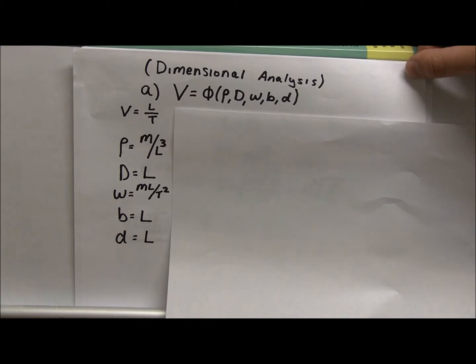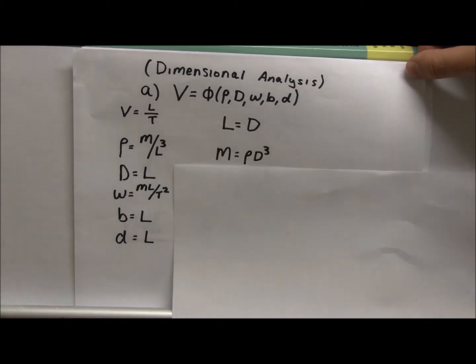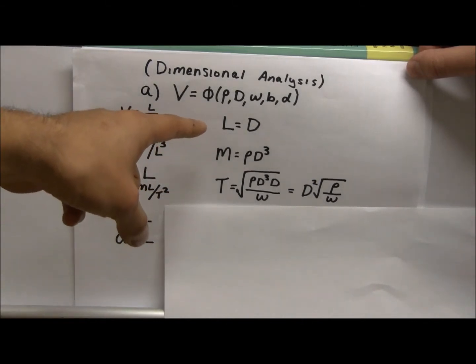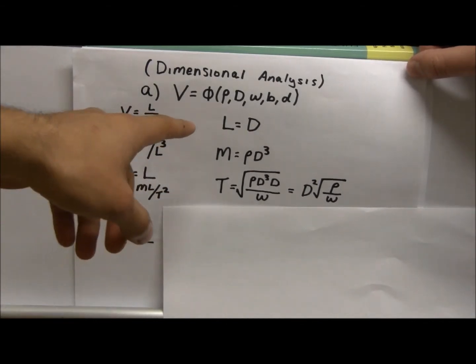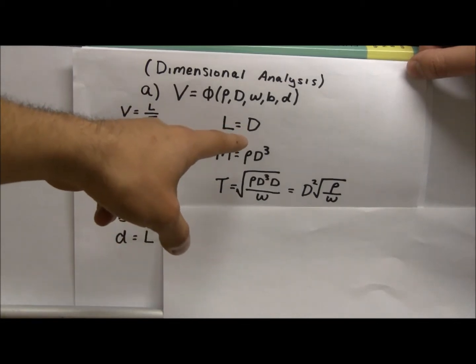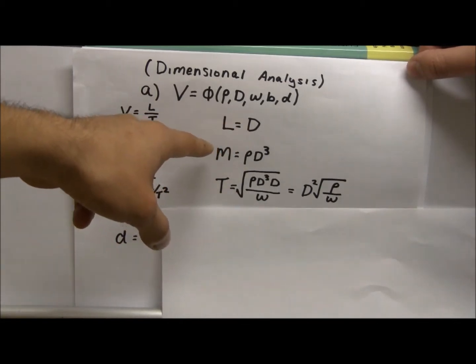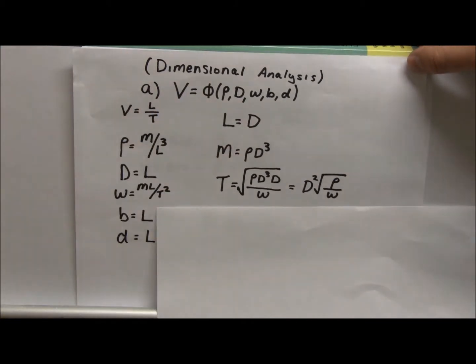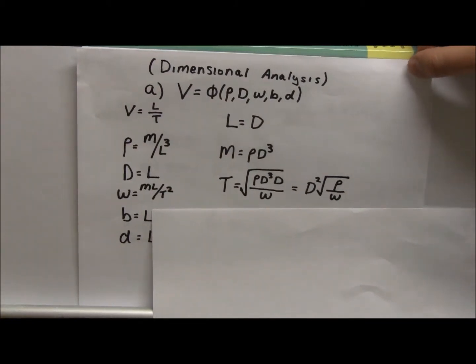One important thing is that we chose to do our problem in MLT, so mass, length, time, instead of force, length, time. Knowing that, we chose to define any length as capital D for pipe diameter. We chose our mass, and we defined it as the product of the density times the diameter cubed of the pipe.